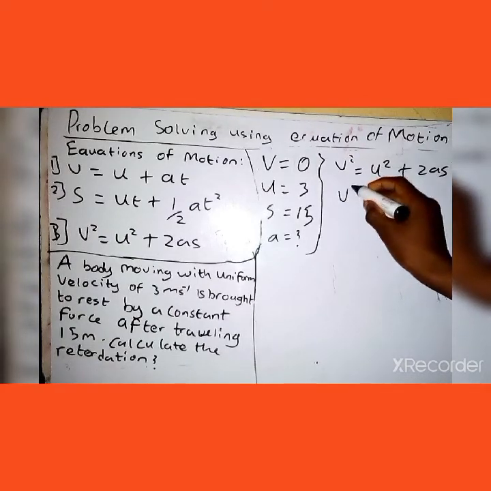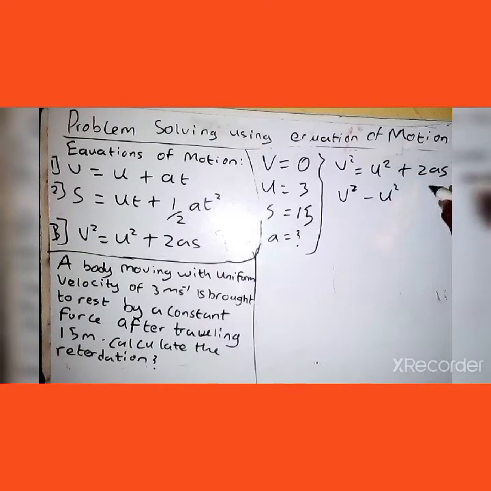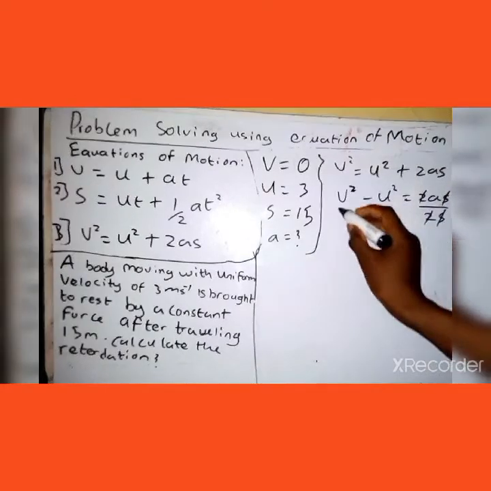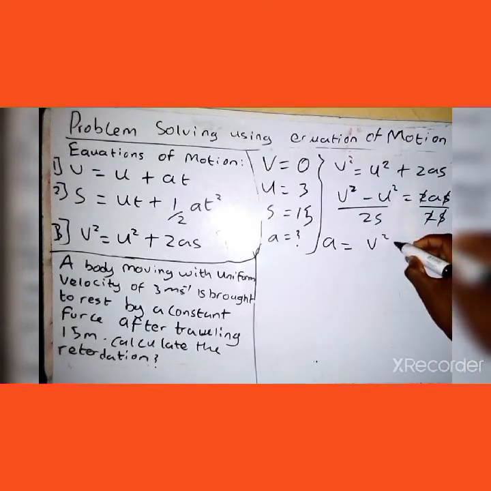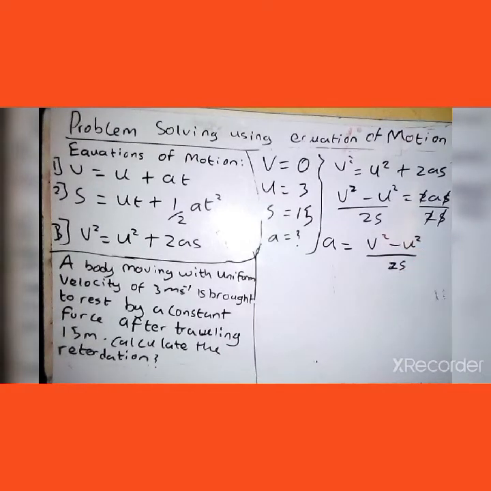We now have v square minus u square equals 2as. So dividing both sides by 2s, our a now will be v square minus u square over 2s. So making a the subject of formula will make our answer easier.